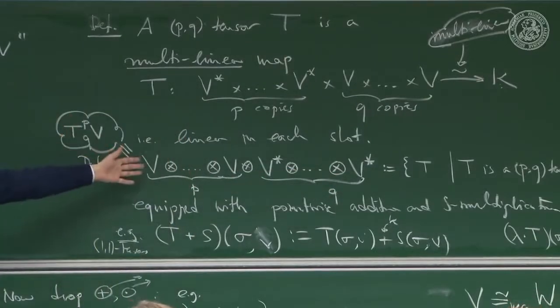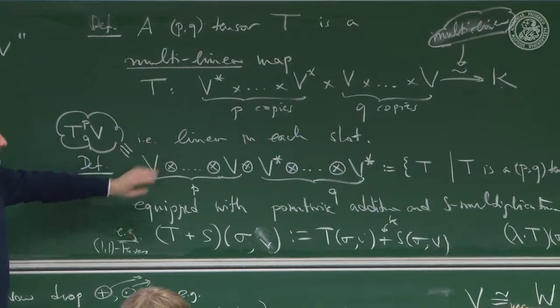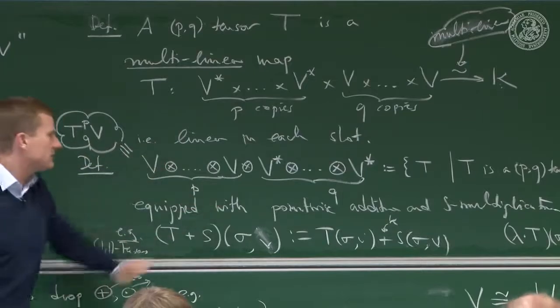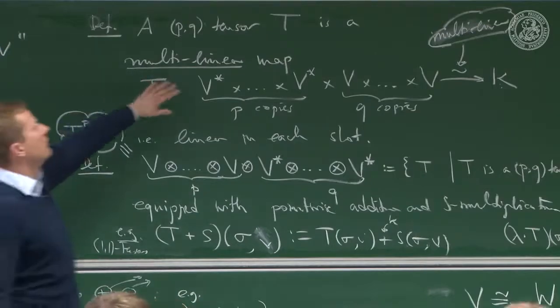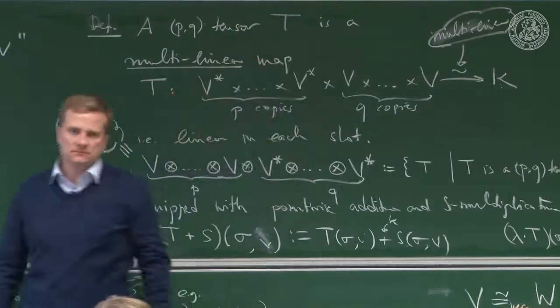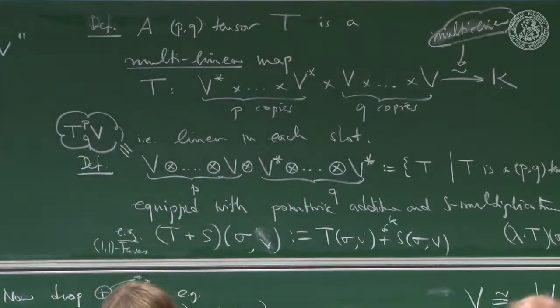It's just a symbol, but it's a symbol for that set equipped with this pointwise addition and S multiplication, and that's the PQ tensor space over this vector space. And there we will take off next time.